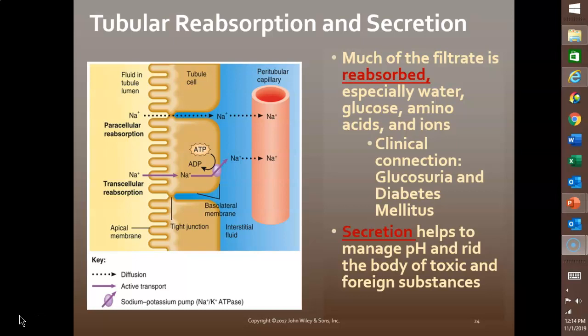It can either move between neighboring cells in the tubule. So here's the inside of the tubule, that's where our filtrate is. These are the cells that make up the wall of the tubule.